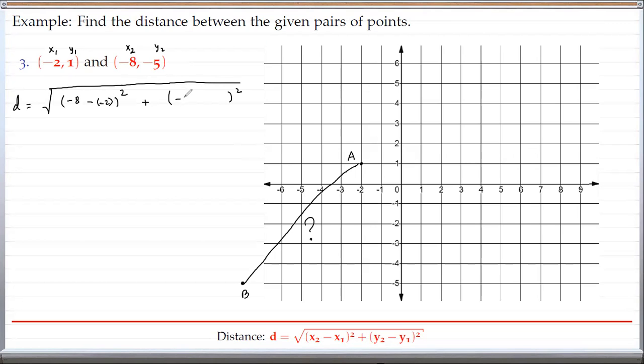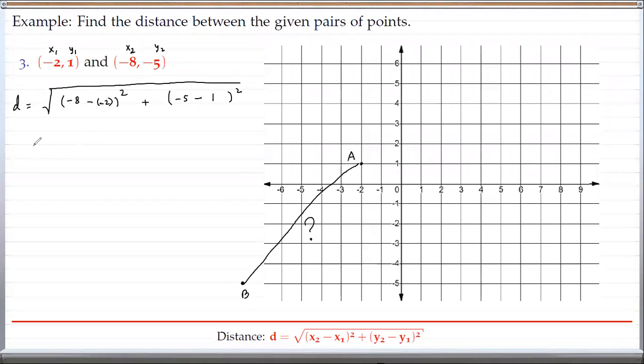Plus y2 is -5 minus y1 is 1. So we have this over here. So this is basically the setup.